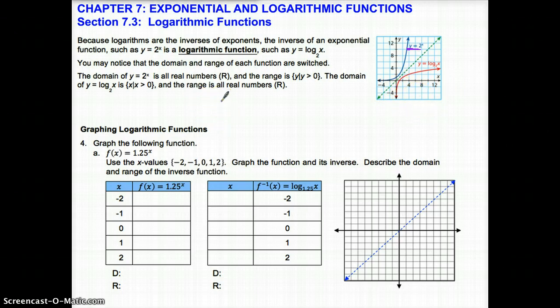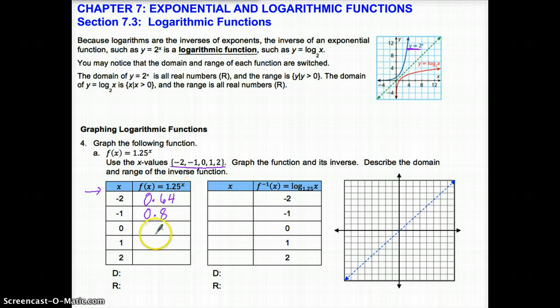So I'd like you to take a look at number 4, and we want to be able to graph that function, and we are using the values given, which are also listed in our table right here. So, if we take 1.25 to the -2 power, that is 0.64. And if we take 1.25 to the -1, that's just 0.8.